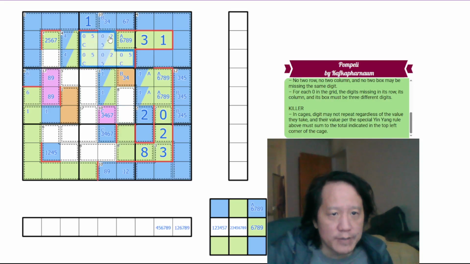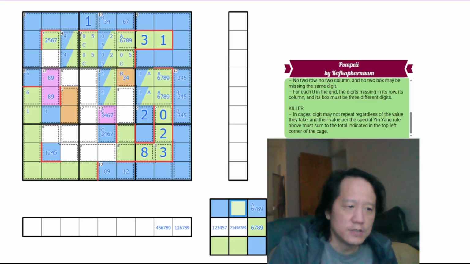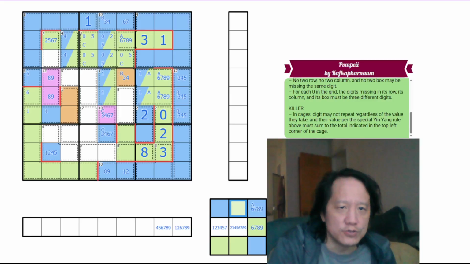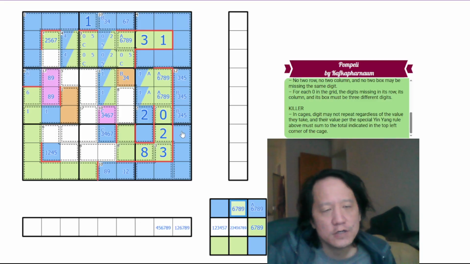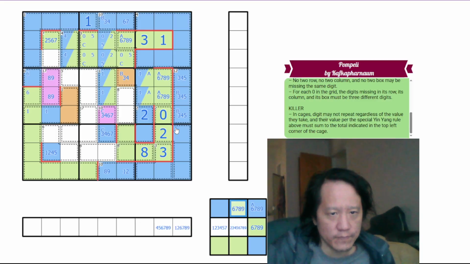So what are we missing here in box 2? Obviously 1, no 2. Sorry, we have a 1, we have a 2. We have both 3 and 4. We have 5, so we're missing 6, 7, 8, 9 here also. Interesting. So this is the other 6, 7 or the 6, 7 here.